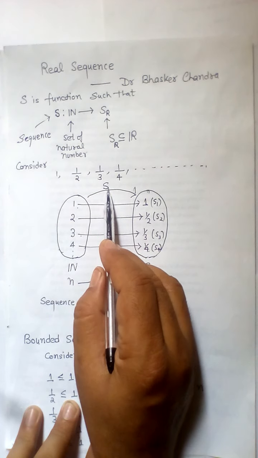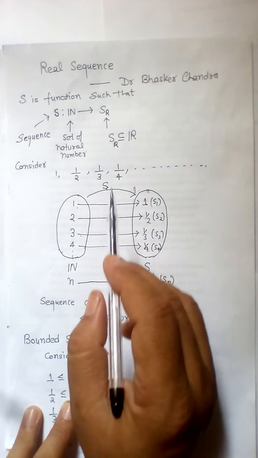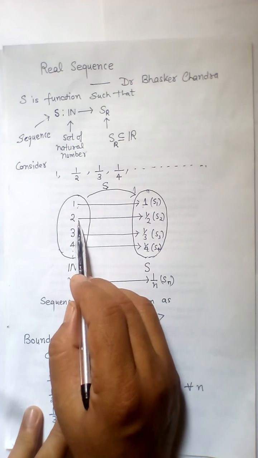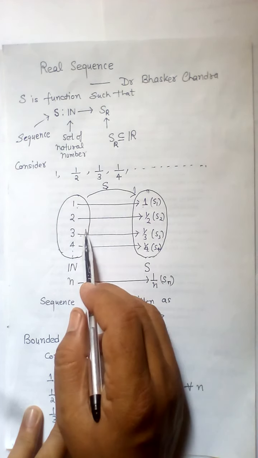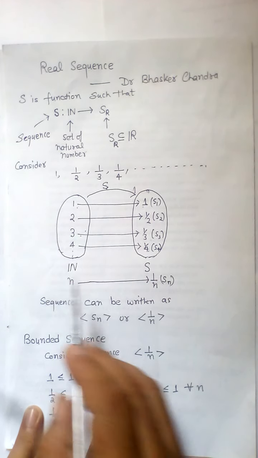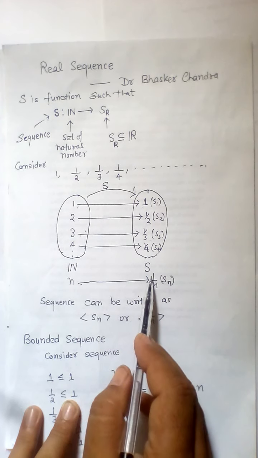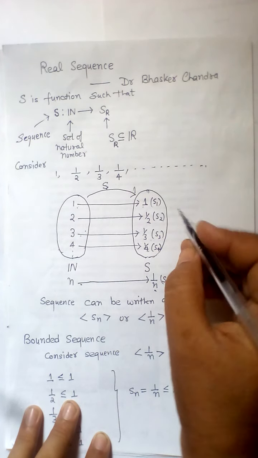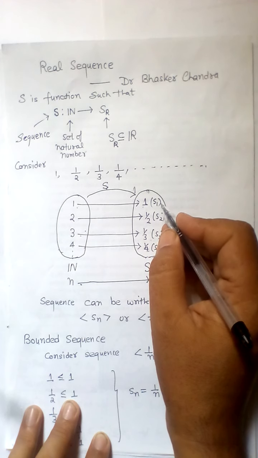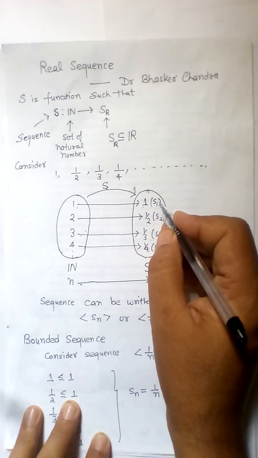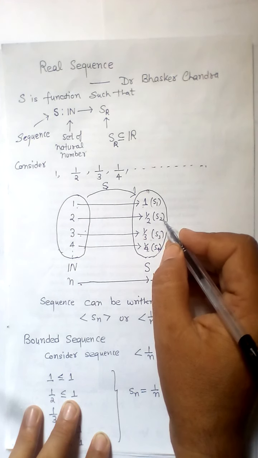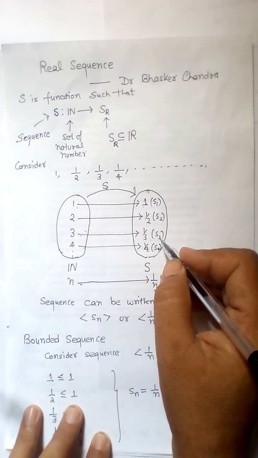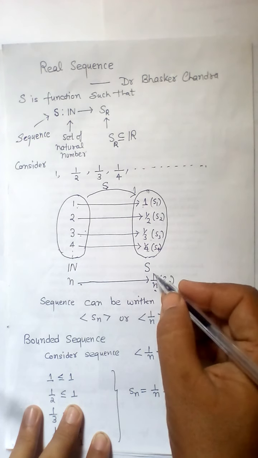So the sequence is a function having image of 1 as 1, image of 2 as 1 by 2, image of 3 as 1 by 3, and in general image of n as 1 by n. We write the first term as s1 having value 1, the second term s2 as 1 by 2, the third term 1 by 3, and the nth term 1 by n.